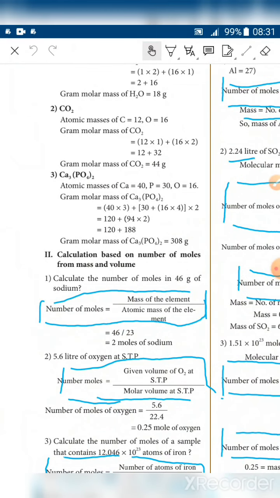Then calculation of number of moles from mass and volume. When the mass of the substance is given, you can use the formula number of moles equal to mass by atomic mass. At the same time, when the given substance is in the form of molecule, you can use number of moles equal to mass of the given compound by molecular mass.